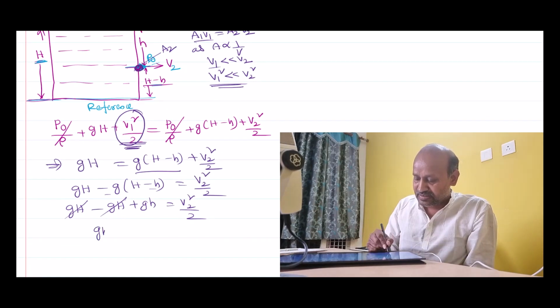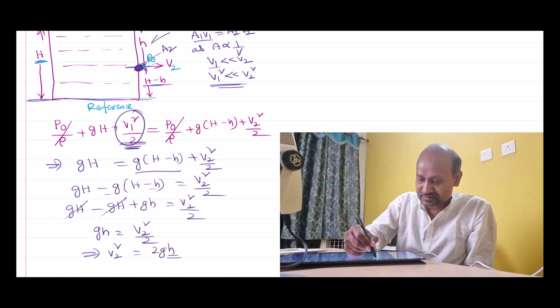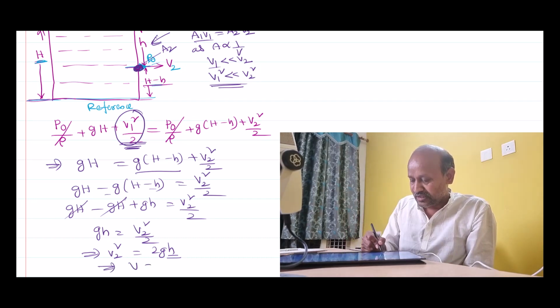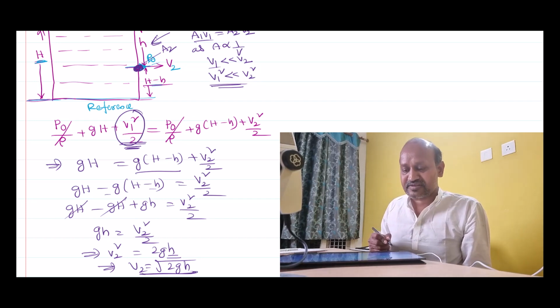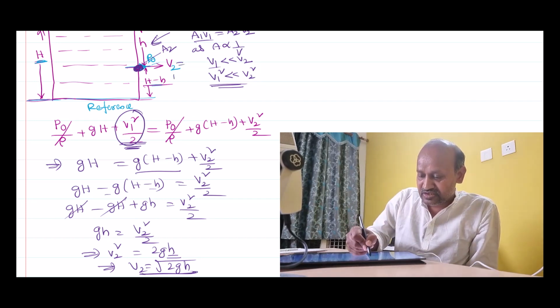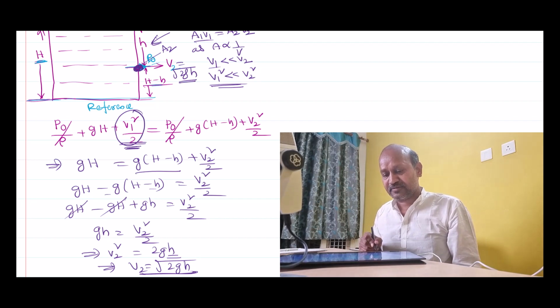That implies g small h equals v2 square by 2. That implies v2 square equals 2gh, where h is the height of that opening from the top of the container. That implies the velocity of the fluid with which it comes out is root 2gh, as if like a freely falling body that we have learned in mechanics. So the velocity with which it comes out here is root 2gh. That's one important point that we have learned.